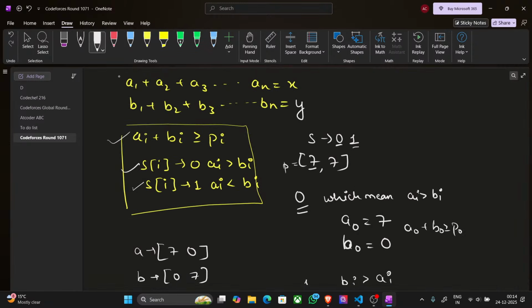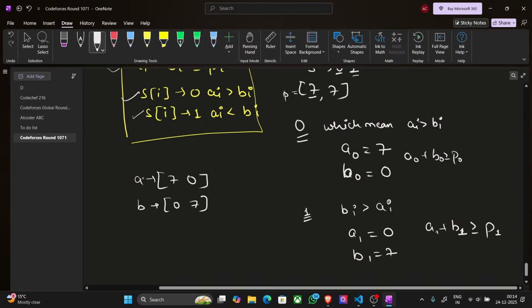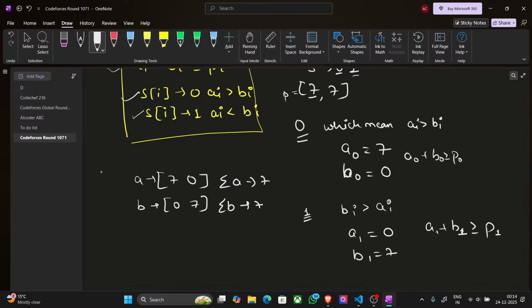Now what about the summations? The summation of array A must be x and the summation of array B must be y. Currently my summation of A is 7 and summation of B is 7. What if x is, say, 12 and y is, say, 10?